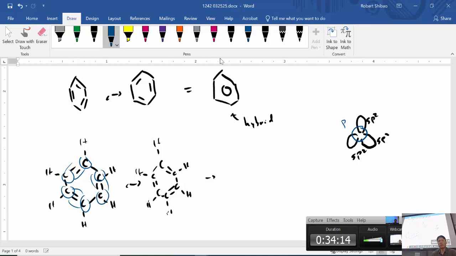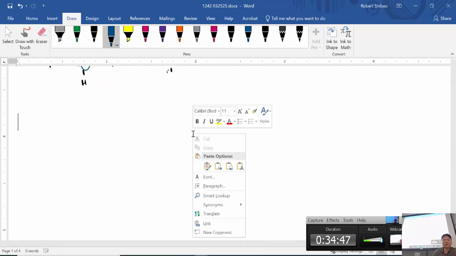But since all these p orbitals are lined up, we can have delocalization over the entire structure of the pi bonding component of the double bonds. And so we have complete delocalization over the entire structure here. So benzene burns easily, you know, it's electron rich. But an interesting thing happens when we look at this.